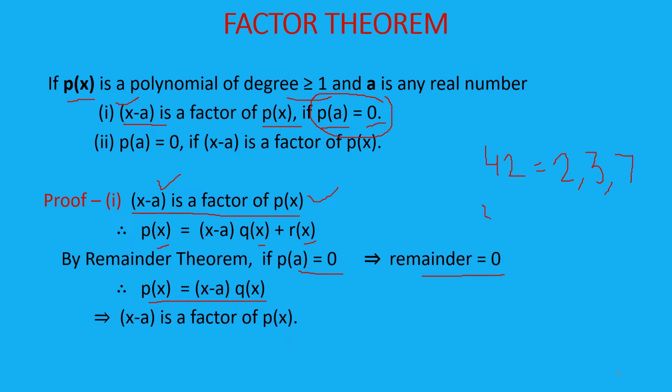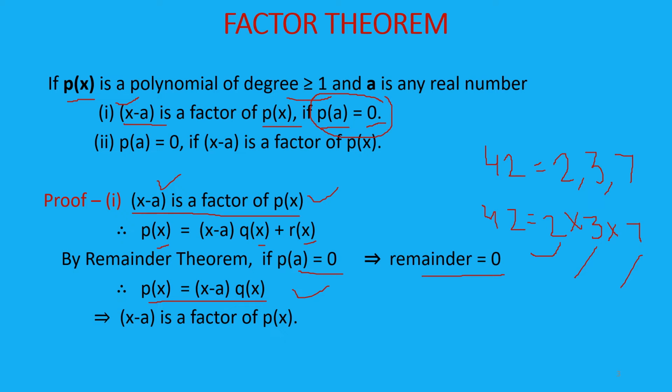Now we can write 42 as the product of these factors, for example as 2 into 3 into 7. That means 2 is a factor of 42, 3 is a factor of 42 and 7 is a factor of 42. The same condition you can apply here.